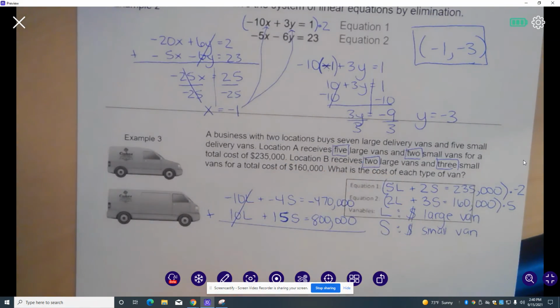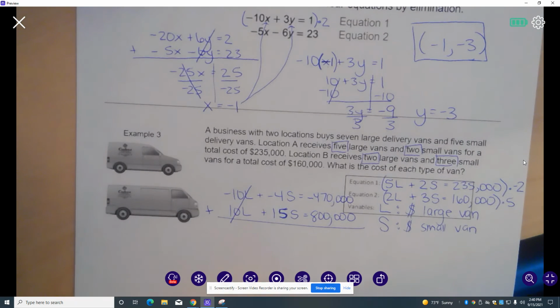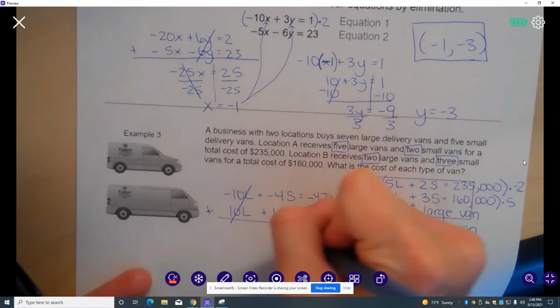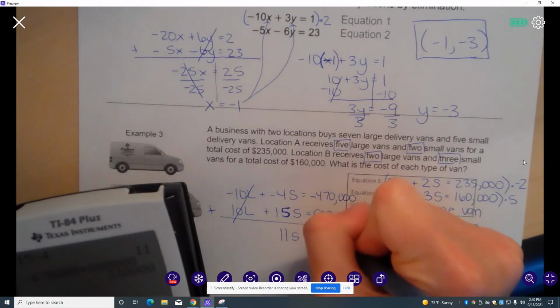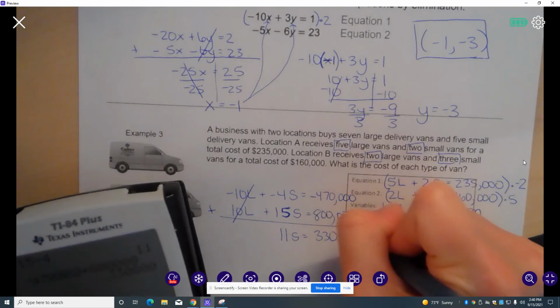That makes my L's cancel. And I'm left with 11S equals $330,000.